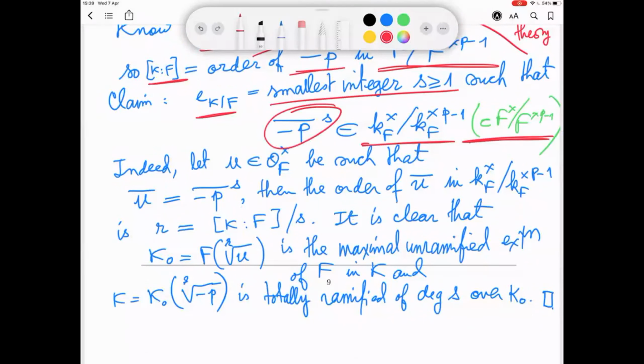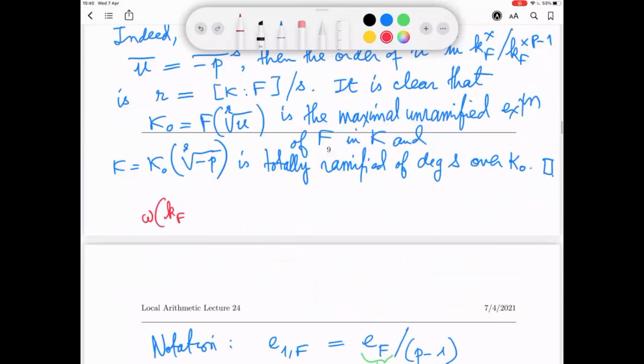F star modulo F star to the power p minus 1 is a certain group. I think of KF star as a subgroup of F star. Strictly speaking, it's omega of KF star, which is a subgroup of OF star, which is a subgroup of F star, right?